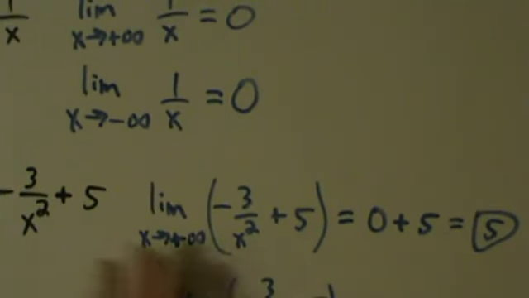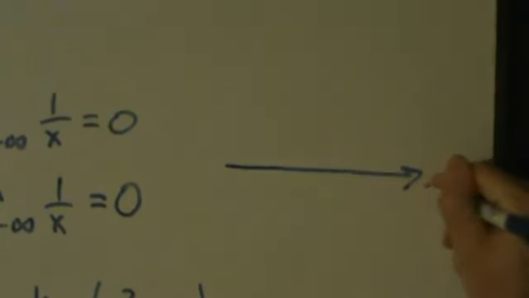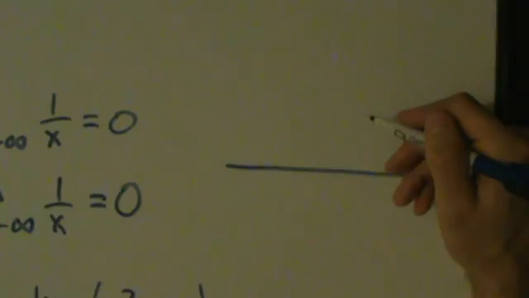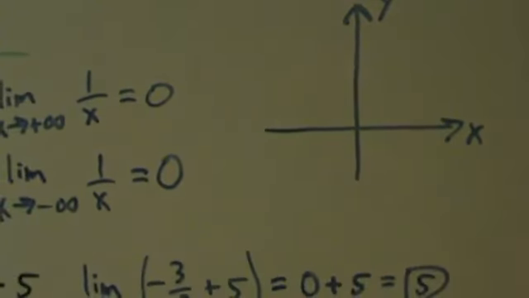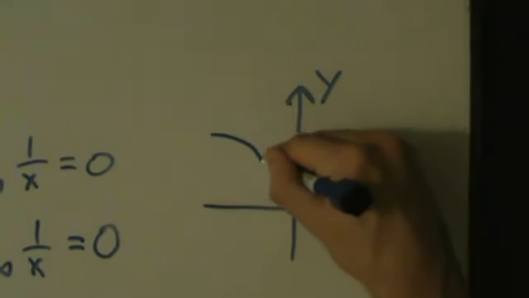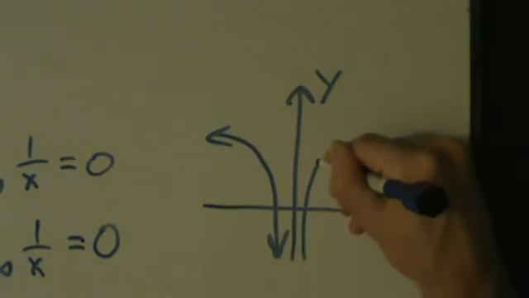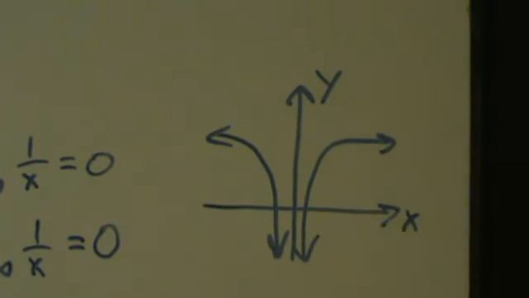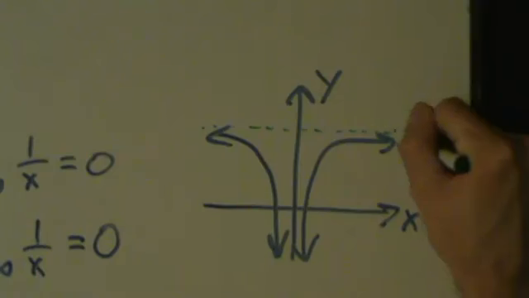Let's take a look at the graph real quick. Negative 3 over x squared plus 5 is going to look a little something like this. These pieces should actually look more symmetric, but it doesn't really matter for this.